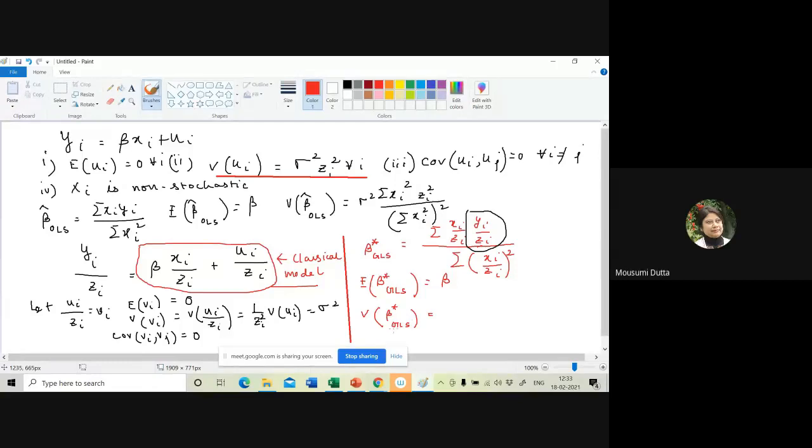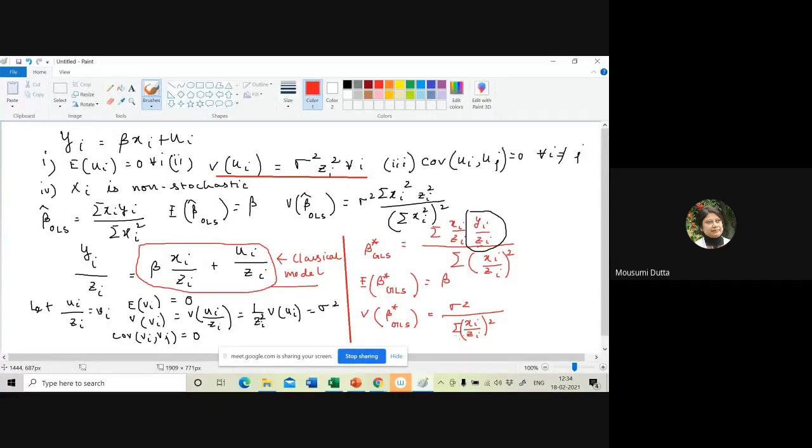Yes. Standard is sigma square divided by summation xi square. That I am replacing by sigma square divided by summation xi by zi whole square. So for the transformed model, now we got the estimator, beta star GLS.